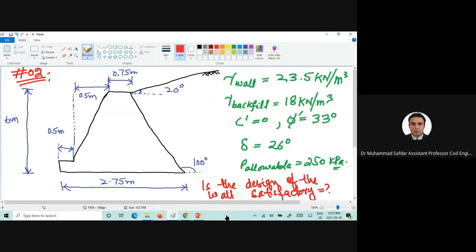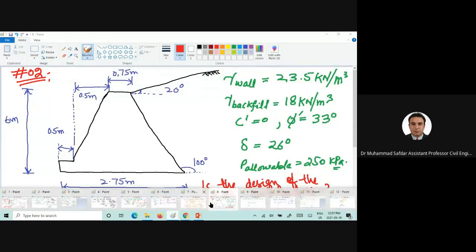How are we going to solve this problem? Here we are going to use the Coulomb's lateral earth pressure coefficient, which is Ka.